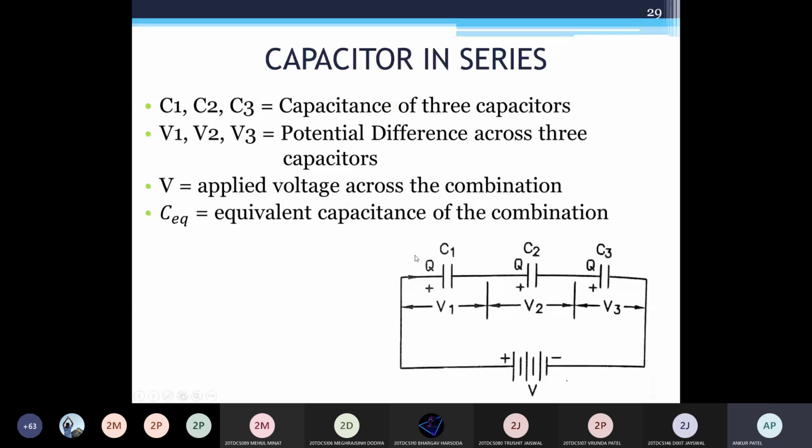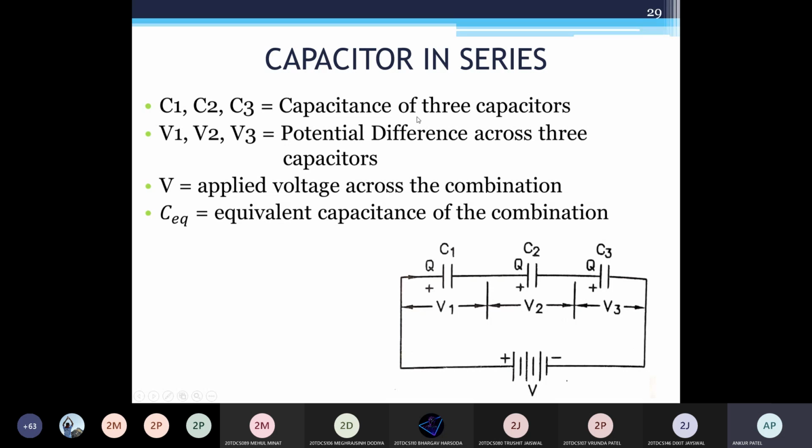Here we have three capacitors C1, C2 and C3, with charge Q. For the series connection, the charge remains the same for all three capacitors, and the voltage is different: V1, V2, V3 across the three capacitors.